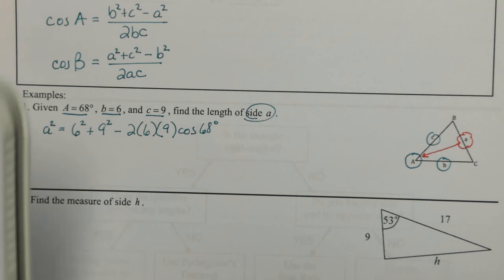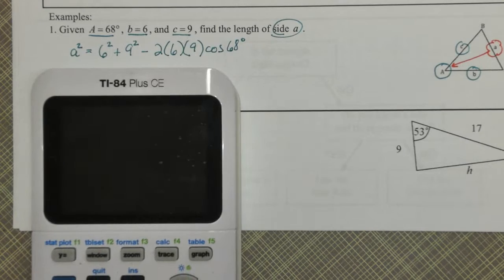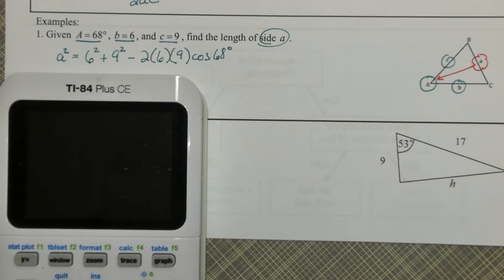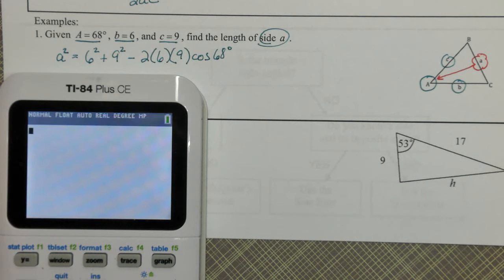So into our calculator we go. We're going to type this all in at once to avoid any errors. So 6 squared plus 9 squared minus 2 times 6 times 9 cosine of 68 degrees.